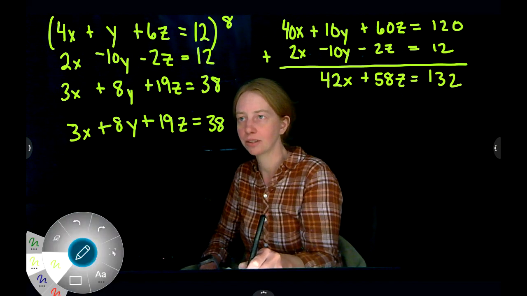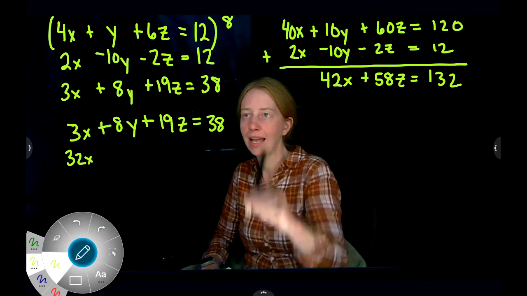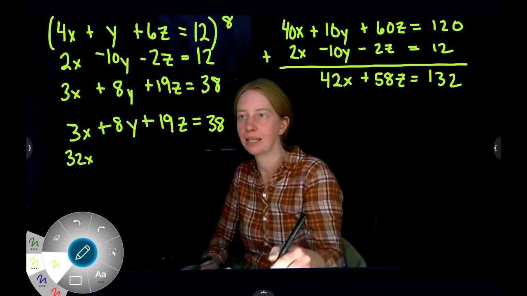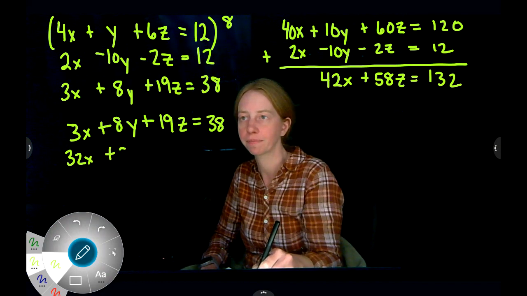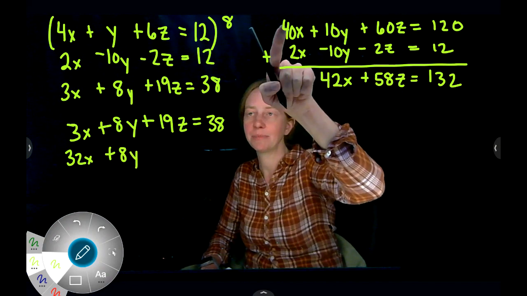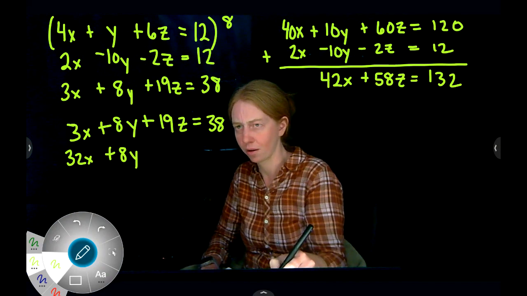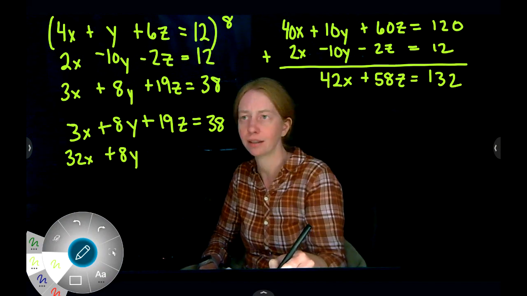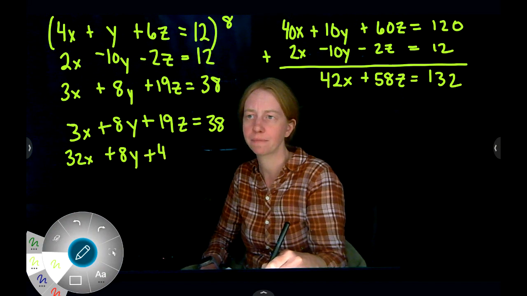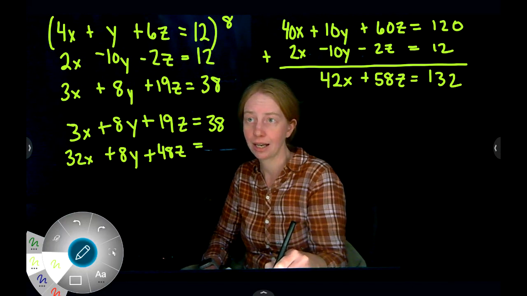That's 32x. 1y times 8 is 8y. 6 times 8 is 48. 6 times 8 is 48. Yeah, 48z. And then 12 times 8 is 96.